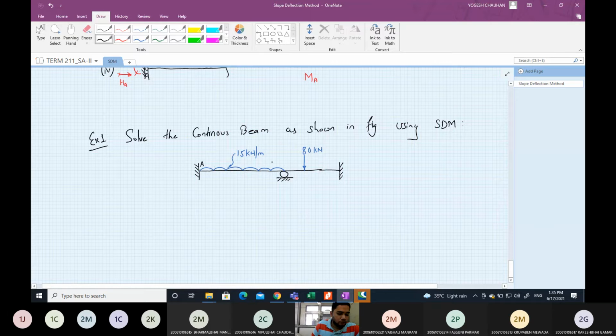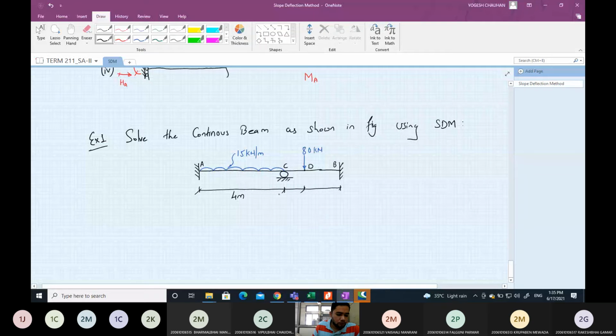Let this be A, this be B, this be C, and the point where the point load acts is D. And the span lengths: this is 4 meter, this is 0.5 meter, and this is 1.5 meter.